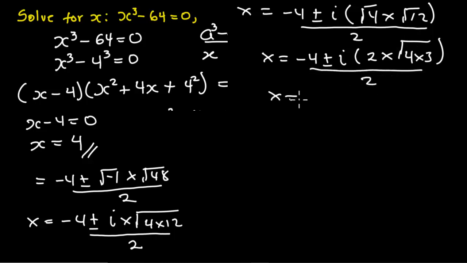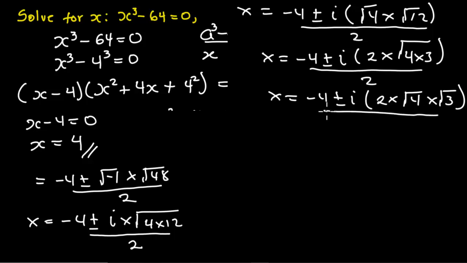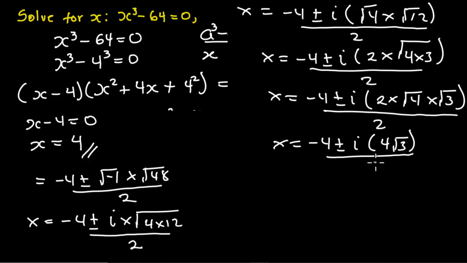So x will be equal to negative 4 plus or minus i multiplying 2 times the square root of 4 times the square root of 3, all over 2. So x will be equal to negative 4 plus or minus i multiplying the square root of 4 gives 2, and 2 times 2 is 4, so we are going to have 4 times the square root of 3 all over 2.